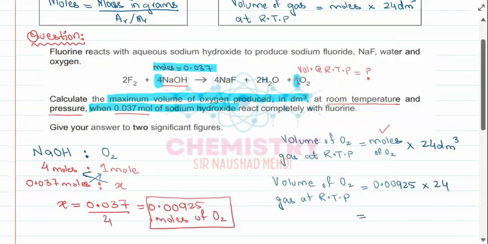They are asking you to give the answer in 2 significant figures, so we will write 0.22, and the answer would be in dm³. So this is your final answer for this question. I hope that is clear to everyone.